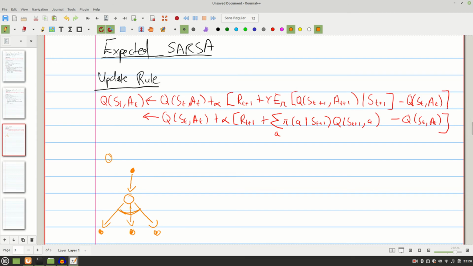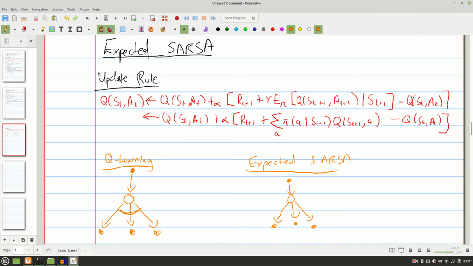So this is for Q-learning, and then for expected SARSA, the backup diagram is, I'm guessing you're already familiar with this, because each of those has a probability associated with it.